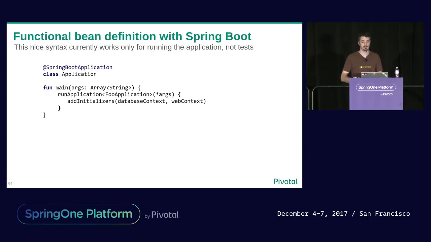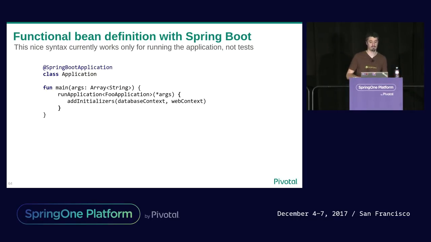So back to today, functional bean definition with Boot: you remember the lambda on run applications, because this beans DSL is just using a building block that we have had for a very long time in Spring Framework, which is an ApplicationContextInitializer.